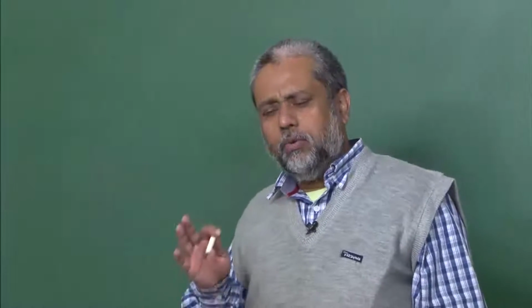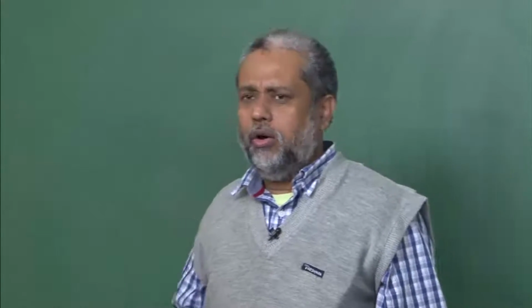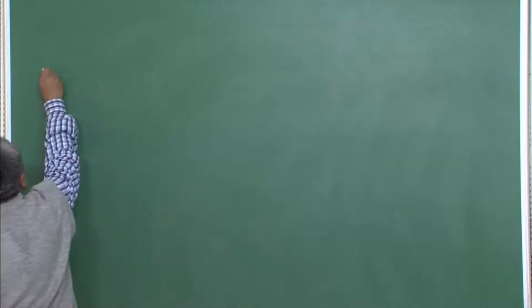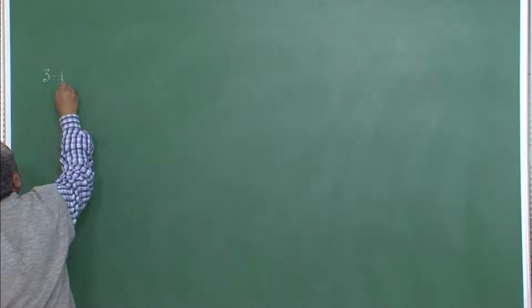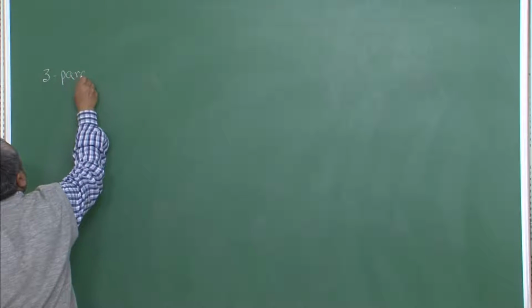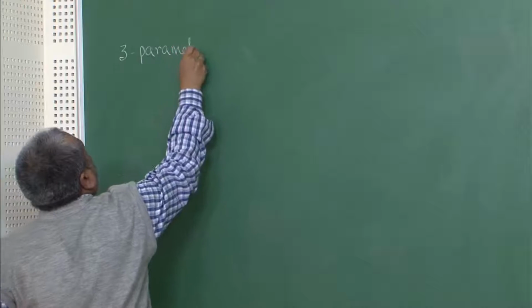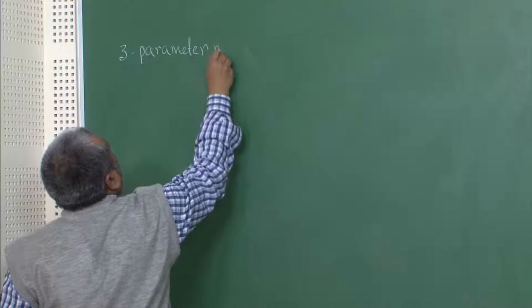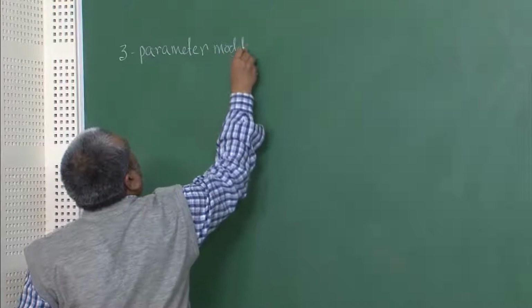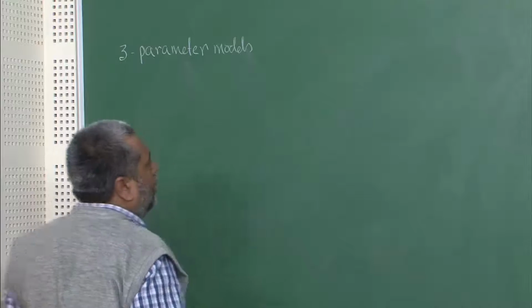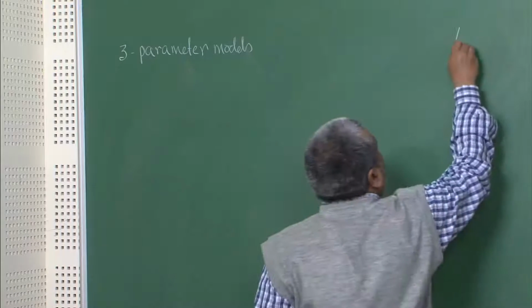As 2-parameter models cannot explain creep and relaxation appropriately, we are going for higher order models, and hence we will discuss two different types of models. One is 3-parameter models and another is a 4-parameter model.